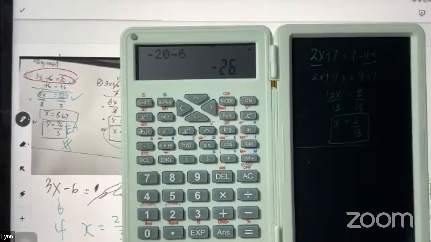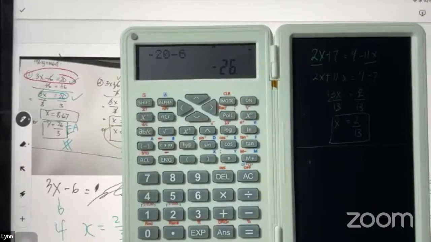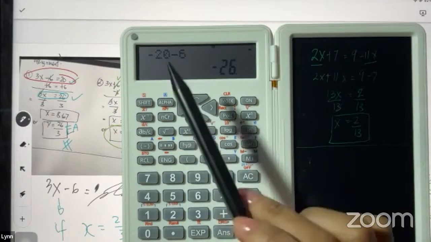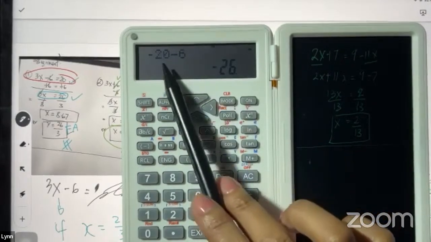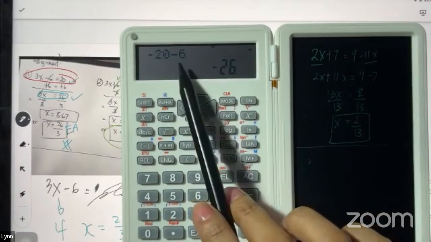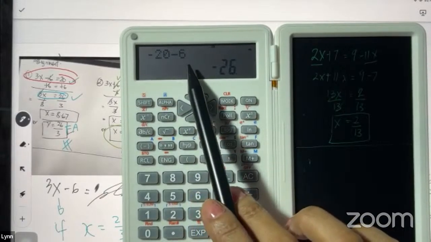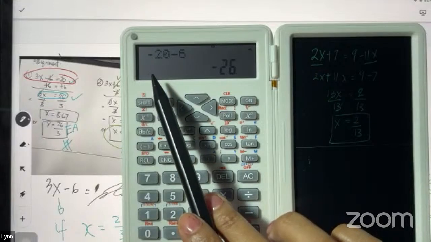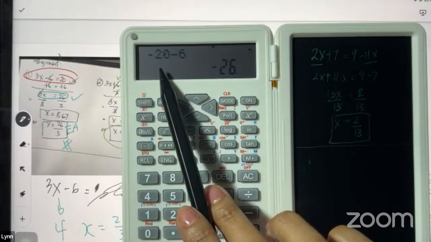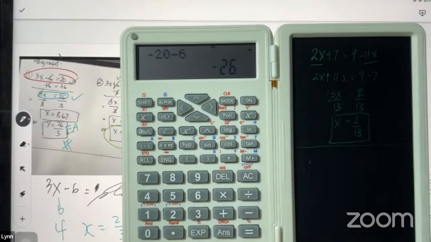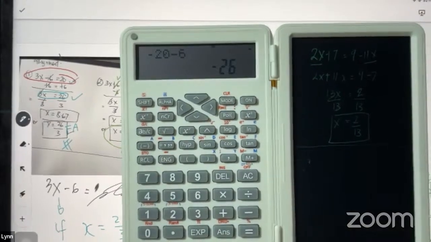This is not minus 14, right? Based on my understanding, it's negative 20, and then the negative minus 6. So according to the calculator, negative 26. So it became addition.